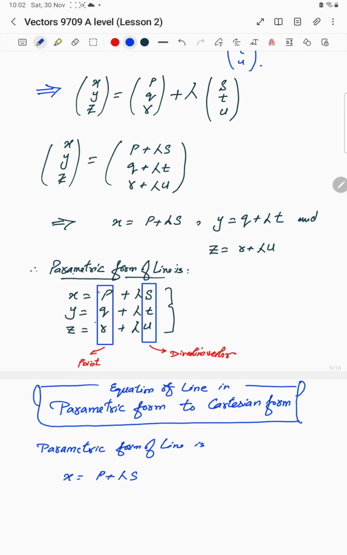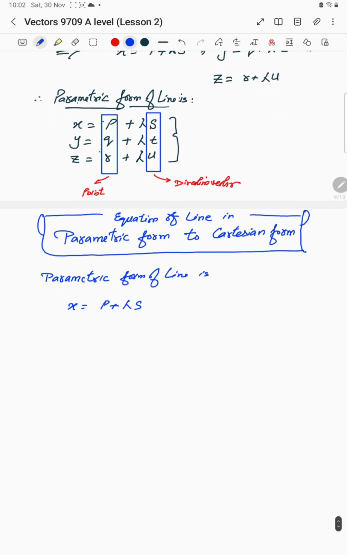Here I'm going to write the same: x equal to p plus lambda s, y equal to q plus lambda t, z is equal to r plus lambda u, because the values of p, q, r, s, t, u will be given to you, and lambda is the parameter.